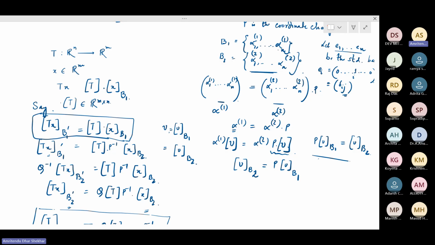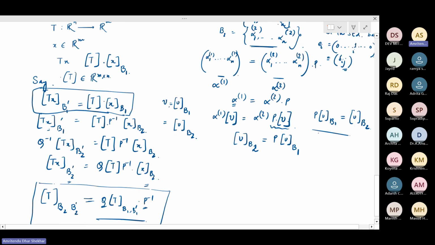And if you write this in this way, then you'll end up getting that this P is going to turn out to be equal to alpha 2 inverse of alpha 1. Okay.